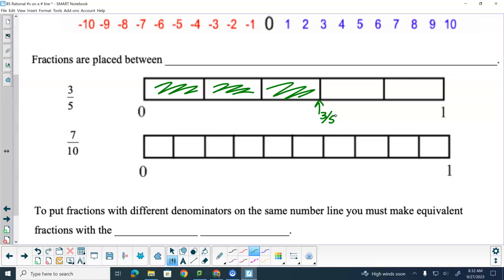Okay. 7/10 would fall 1, 2, 3, 4, 5, 6, 7. So 7/10 would fall right there.